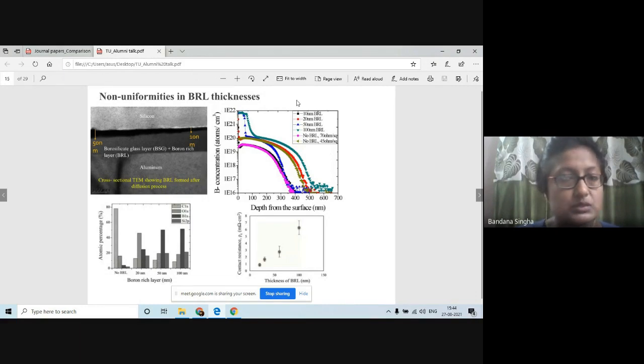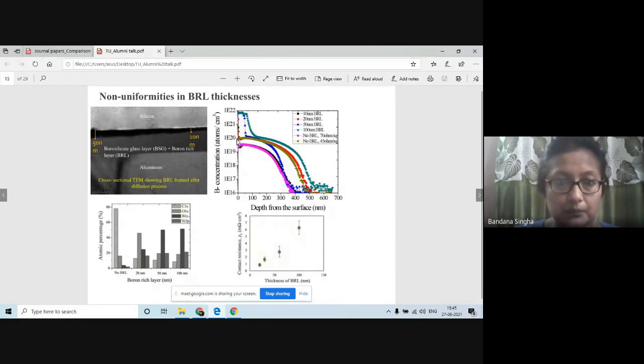Secondary ion mass spectroscopy analysis gives us the junction depth. And if the boron rich layer or boron precipitates are present on the surface, then we can see some peak concentrations or higher concentrations of the dopants on the emitter surface.